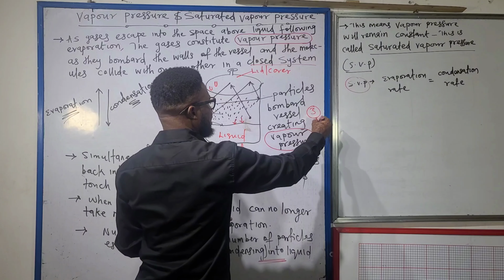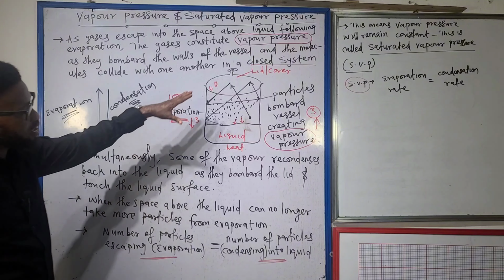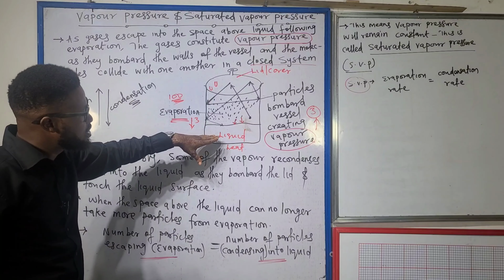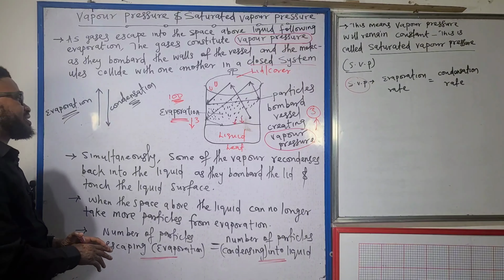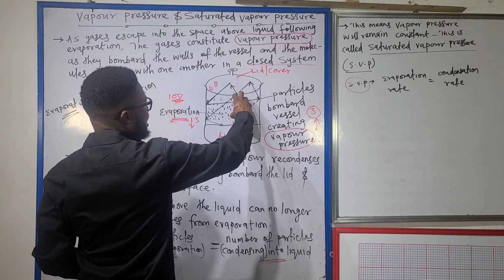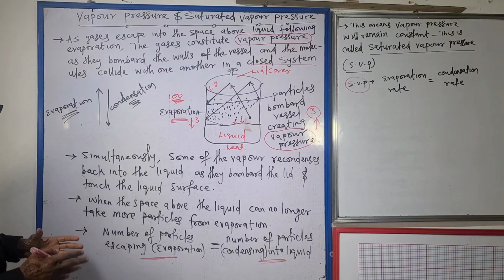So what we are saying is that in a closed system, there is a tendency of your liquid, when we heat, to change to gas, and also a tendency of some of those particles of gases above the liquid to recondense back into the liquid.